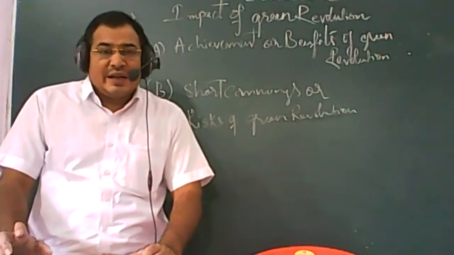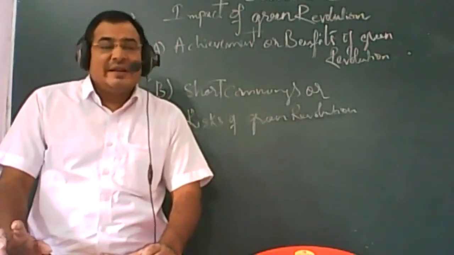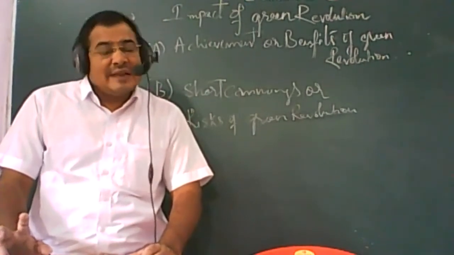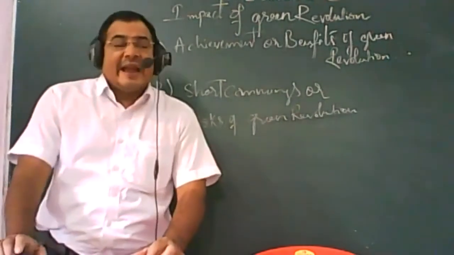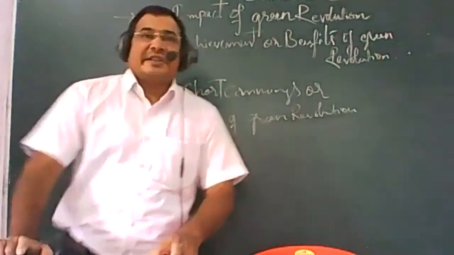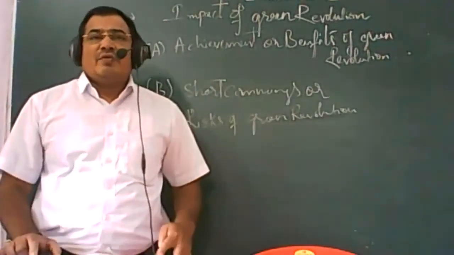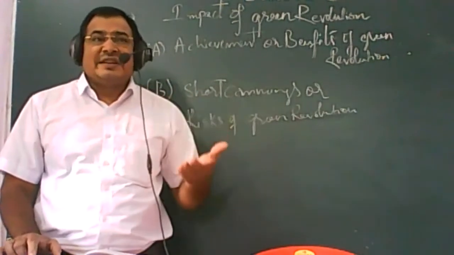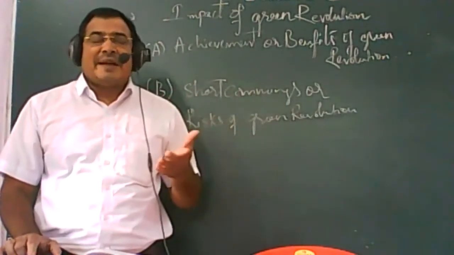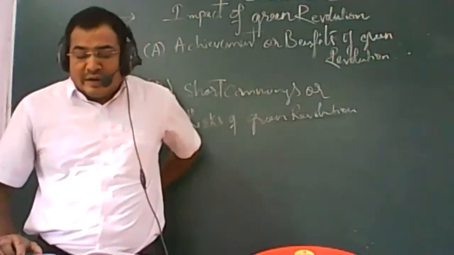This gap has been reduced to a larger extent, but there was a gap. And environmental degradation, where the environment differs somewhat from before in comparison to the innovations of the green revolution.